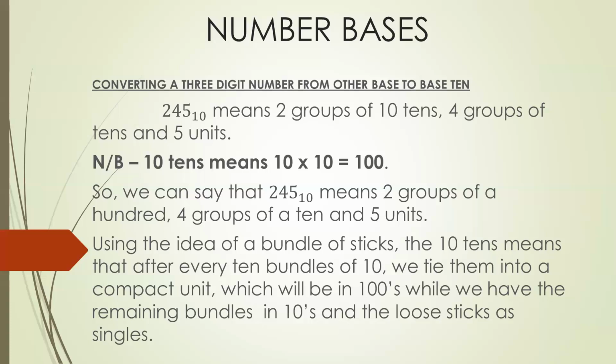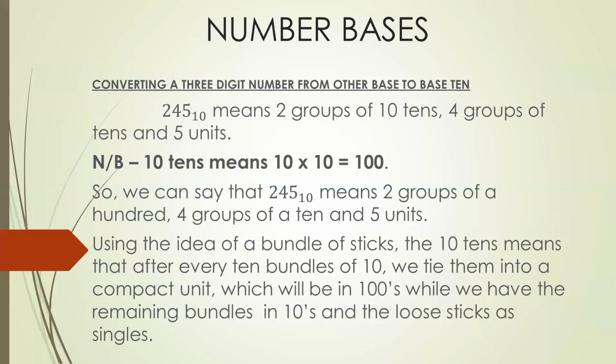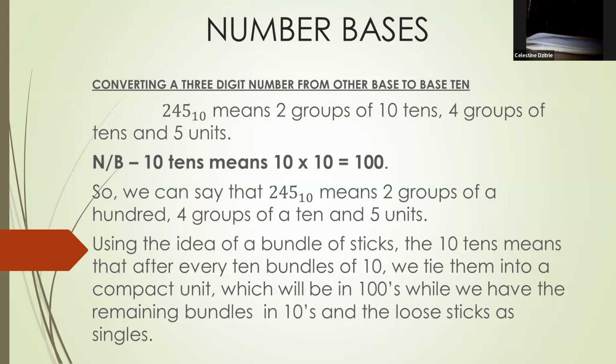The 4 here is in the place of tens, bundles of 10. And the 5 here is in the place of singles. So 245 base 10 means that we have 2 groups of 100, 4 groups of 10, and then 5 singles.